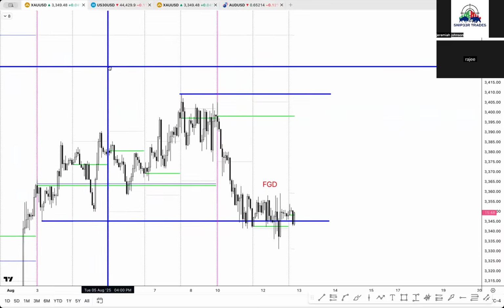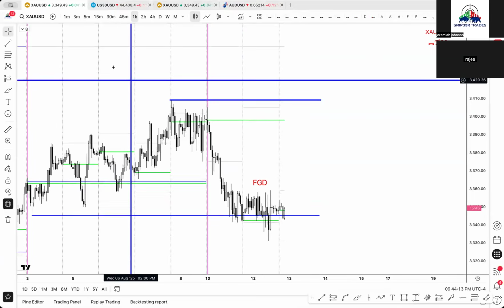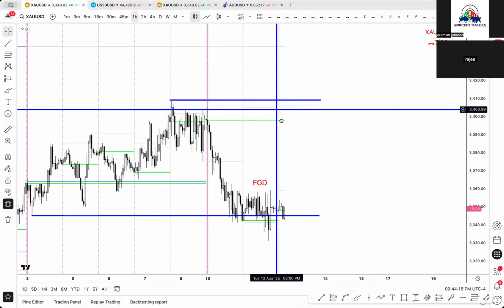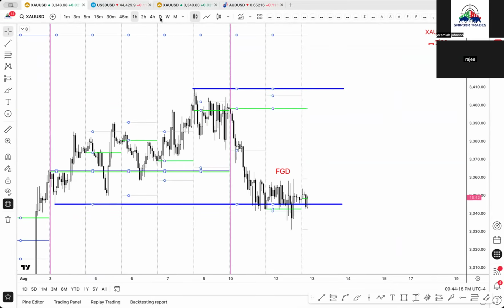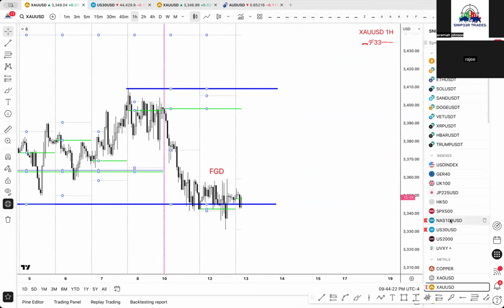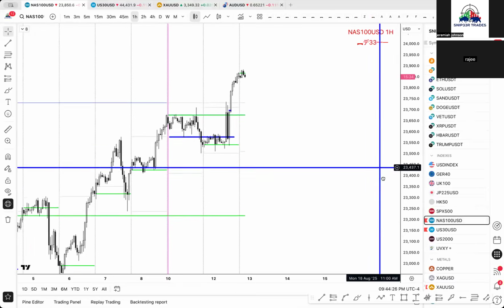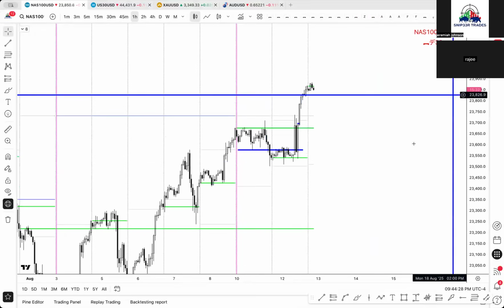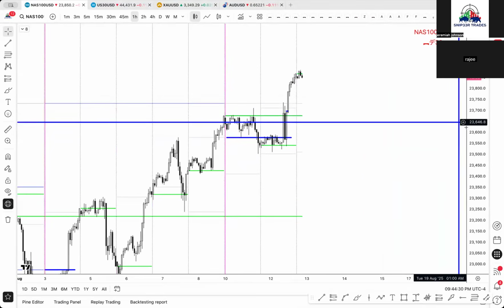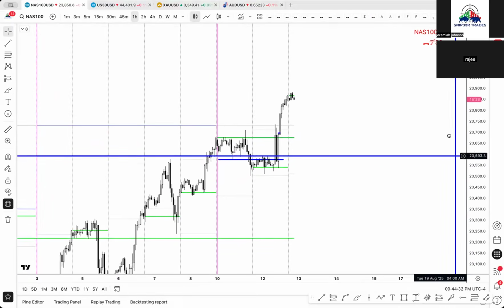These are perfect examples. So, the NASDAQ gave us a beautiful day two, Tuesday trend trade on Tuesday. Now, why is this a trend trade?